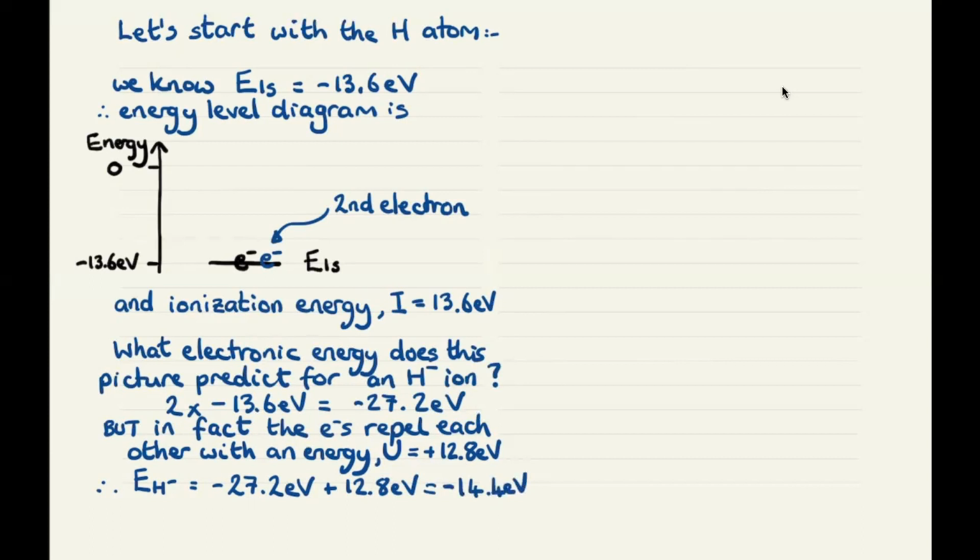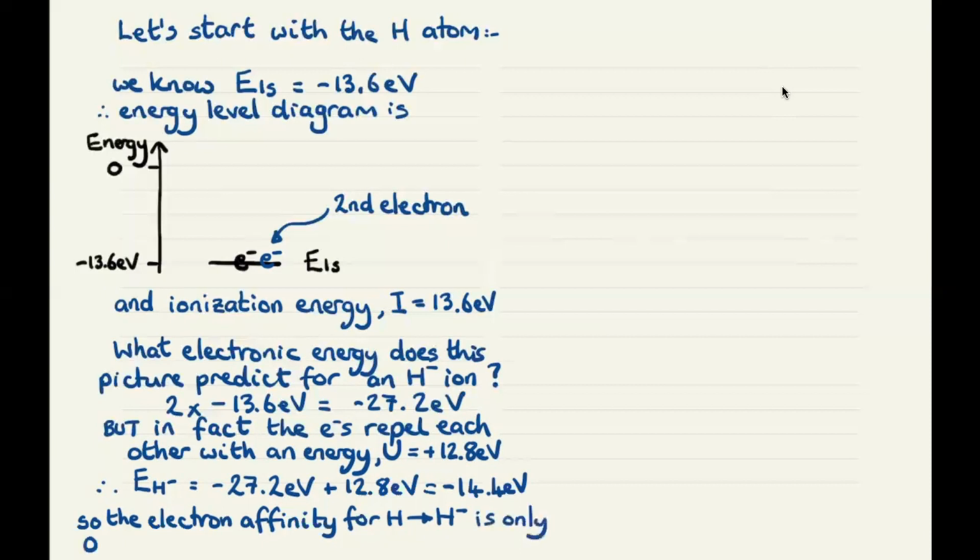So this means that the electron affinity for a hydrogen atom to become an H- ion, the energy gained when a hydrogen atom becomes negatively charged, is only 0.8 electron volts.